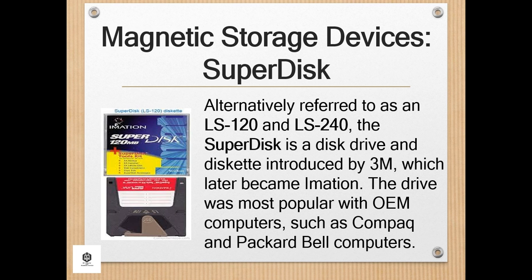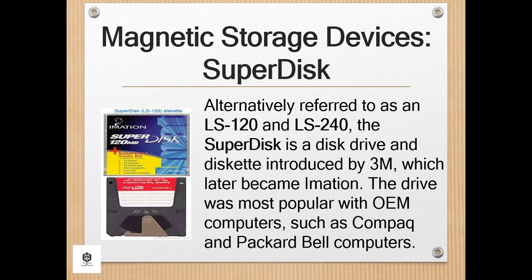Next, SuperDisk. Alternatively referred to as an LS-120 and LS-240, the SuperDisk is a disk drive and diskette introduced by 3M, which later became Imation. The drive was most popular with OEM computers such as Compaq and Packard Bell computers.